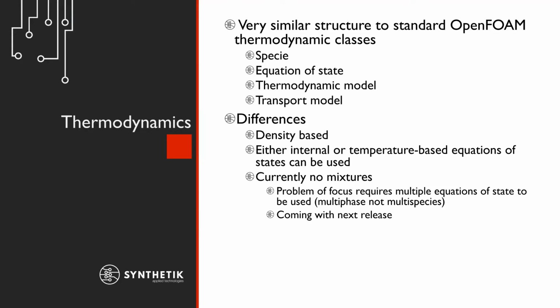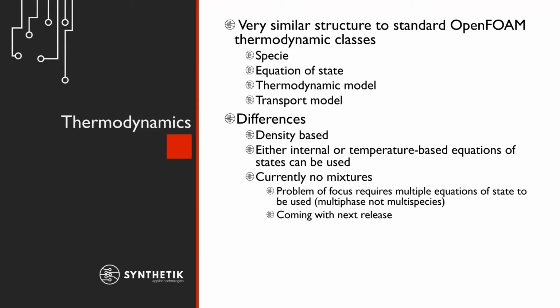Next, we have the thermodynamic classes. This has been updated as we have gone. It's fallen much more in line with the standard OpenFOAM thermodynamic classes, if you've had the pleasure of looking through those. So there are essentially a couple levels: you have a species, an equation of state, a thermodynamic model, and a transport model. The main difference is that all of ours are density-based as opposed to pressure-based, which has some challenges, at least in terms of the coding.